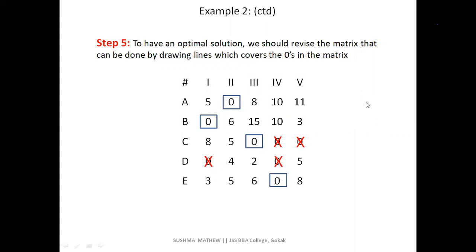Now, that means the row is D row. D row is one such row where no kind of assignment has been made. So I am just tick marking that. And in this row, there are zeros available.